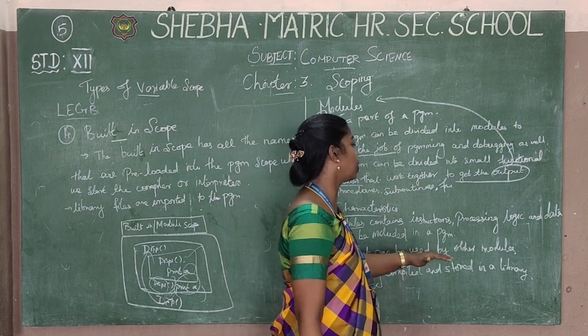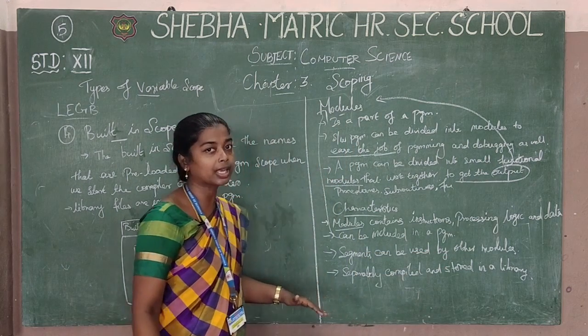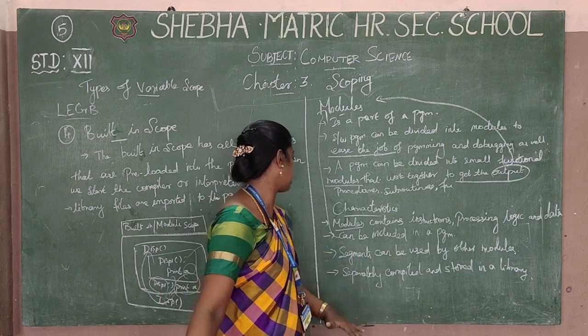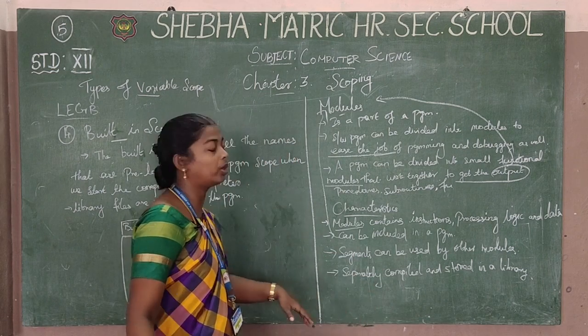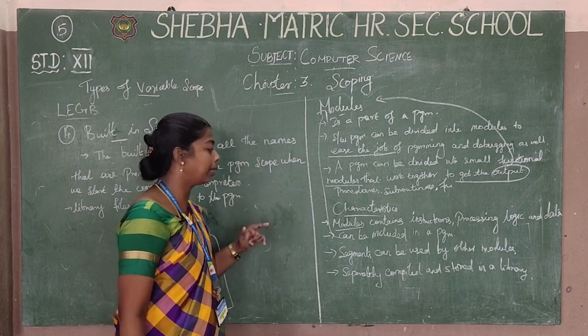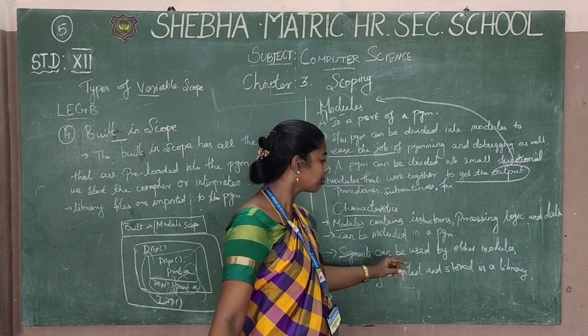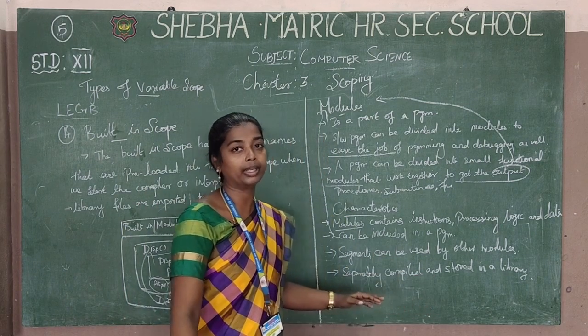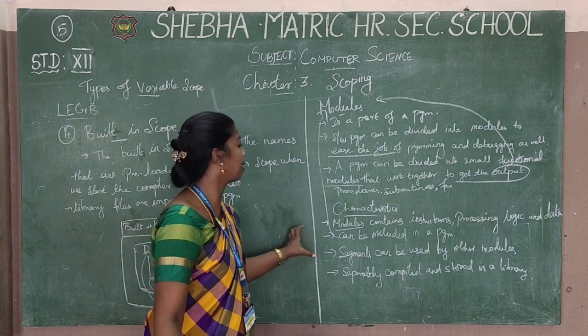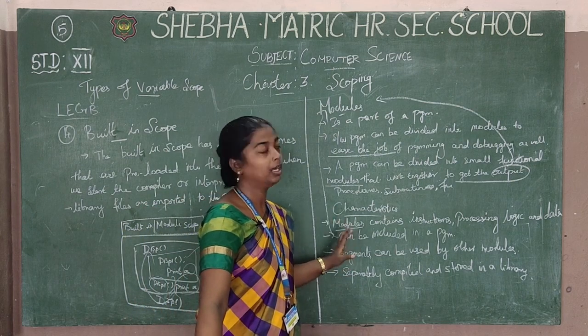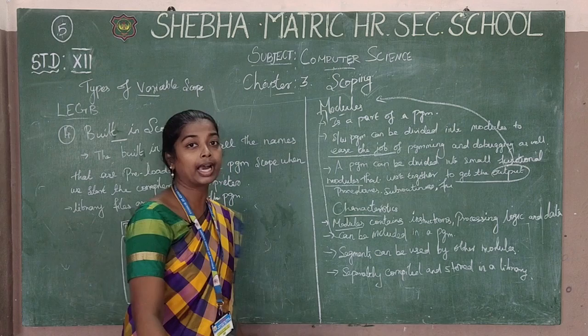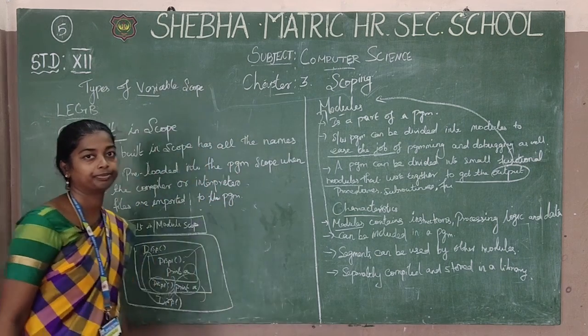Segments can be used by other modules. Modules are separately compiled and stored in a library. One by one the program can be compiled and then stored in a library. So these are some characteristics of modules.